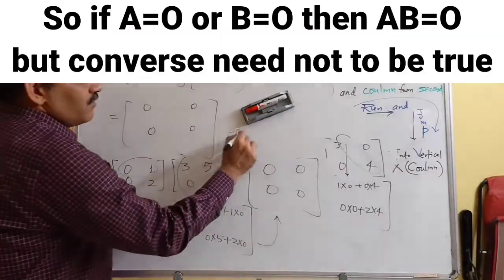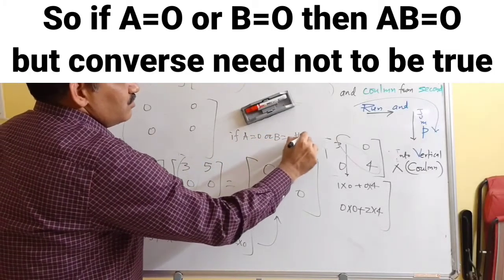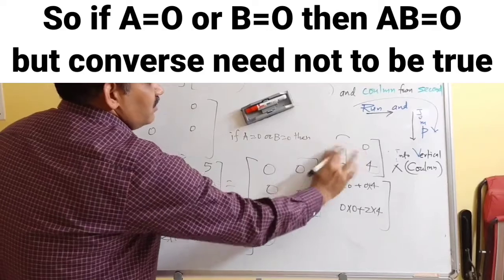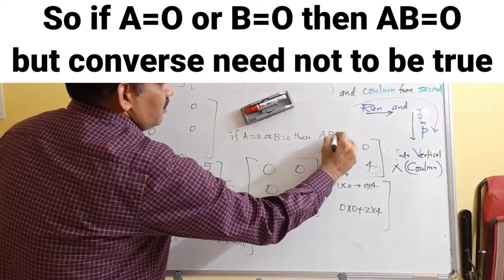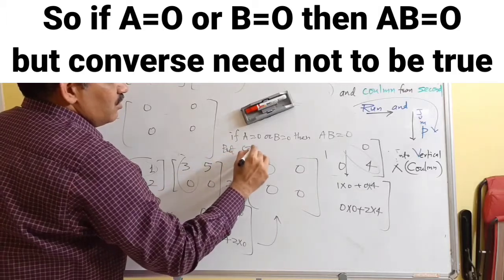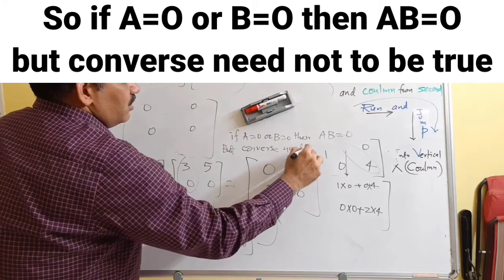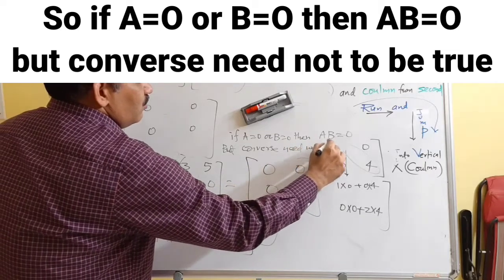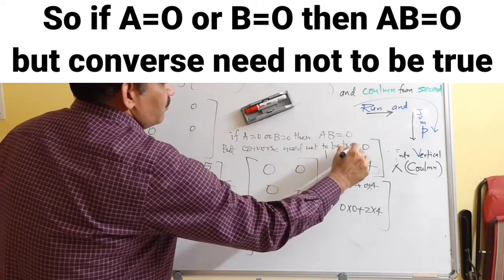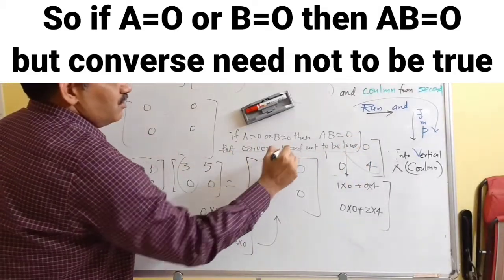So if A is equal to 0 or B is equal to 0, then obviously AB is equal to 0, but the converse need not be true.